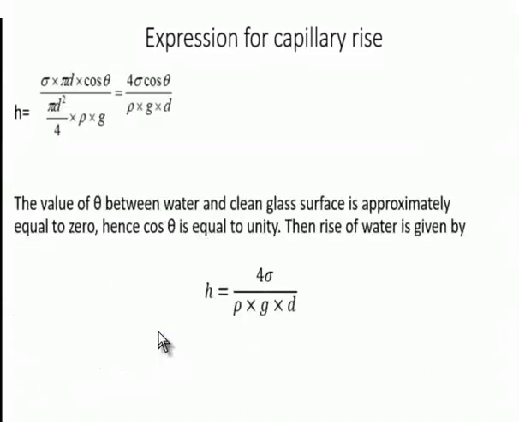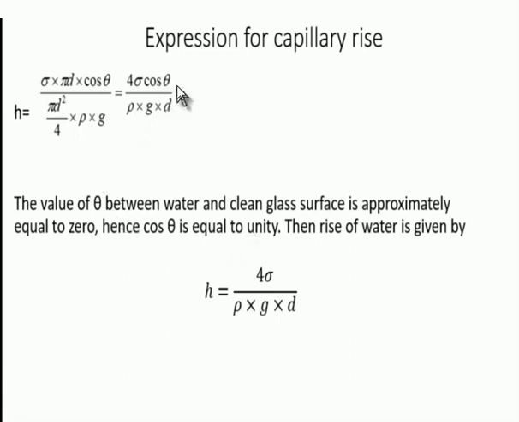This is the height of the liquid. The value of theta between water and a clean glass surface is approximately equal to 0. If you put theta equal to 0, cos 0 is equal to 1, hence cos theta is equal to unity.